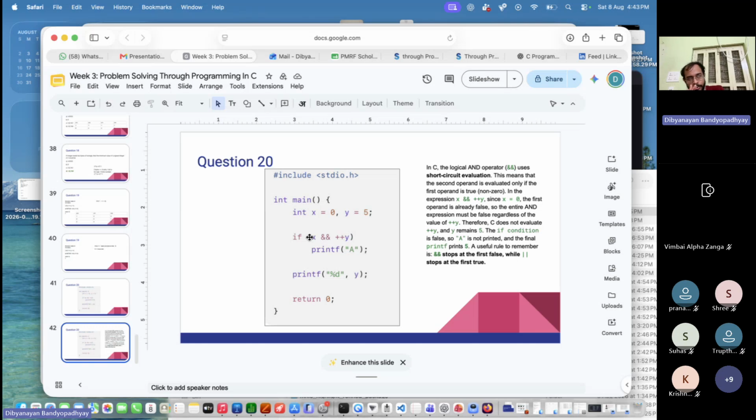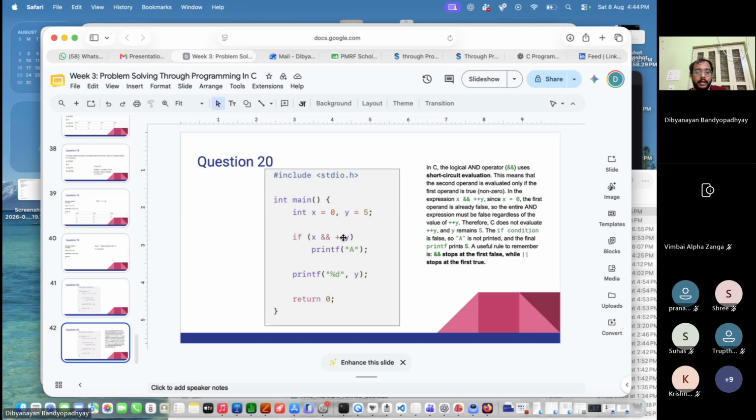If it is 0, then whatever is in the right hand side, you need not evaluate it, because if the left hand side is 0, whether the right hand side contains 0 or 1, it will always be 0, because it is an AND operation. So the C compiler evaluates the left hand side, and if it is 0, it doesn't do anything with the right hand side. Okay, so it is basically 0.